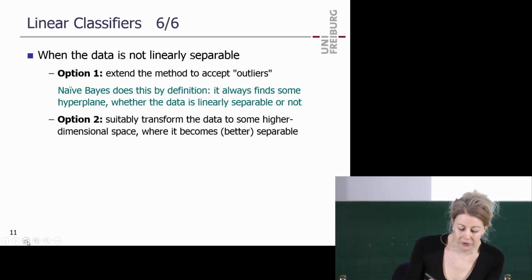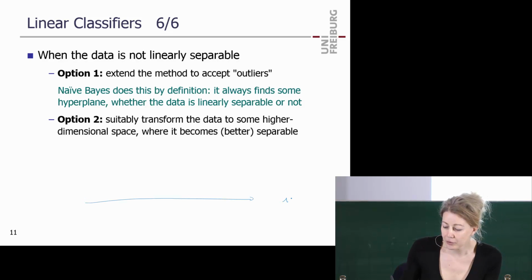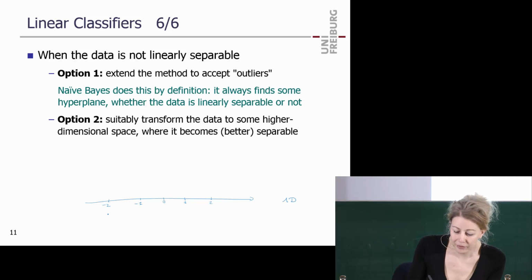Or let me just do this. I just want to show this to you because it's so simple. Just assume you have points in 1D. So this is 0 here, this is 1, this is 2, this is minus 1, this is minus 2. Here I have a point x1, which is minus 2.